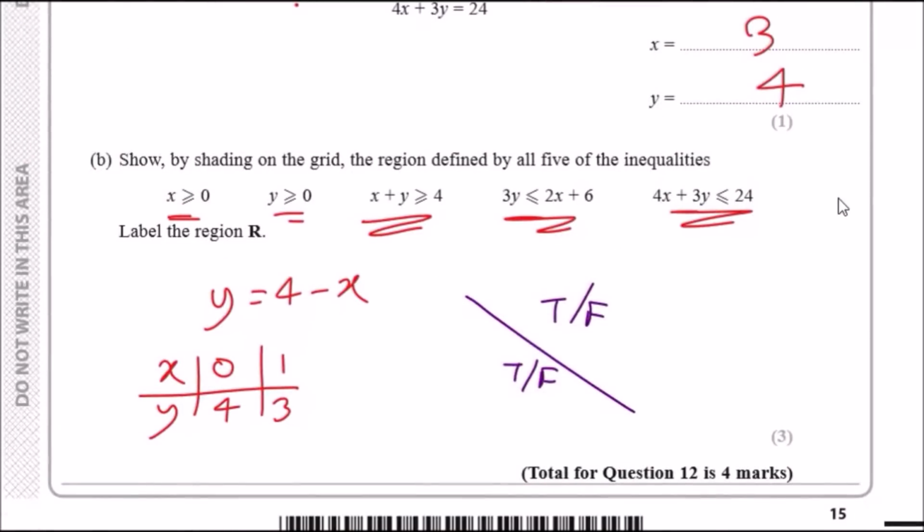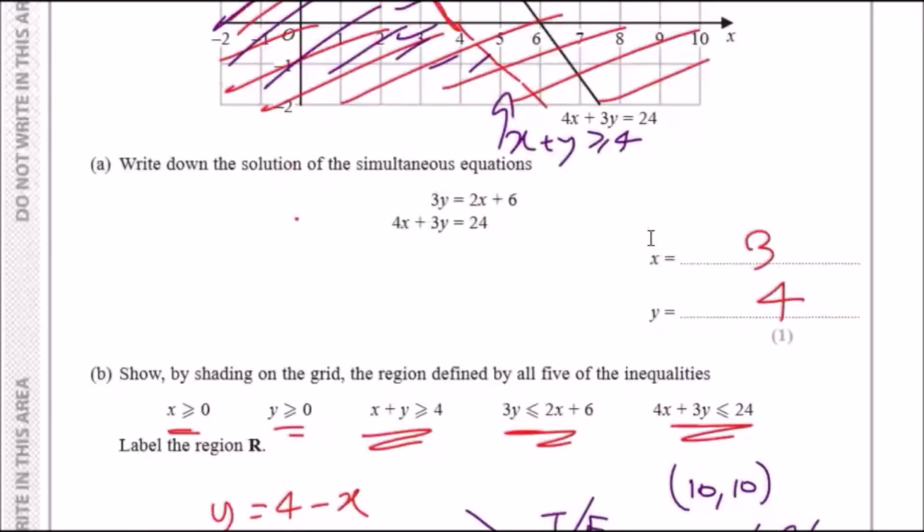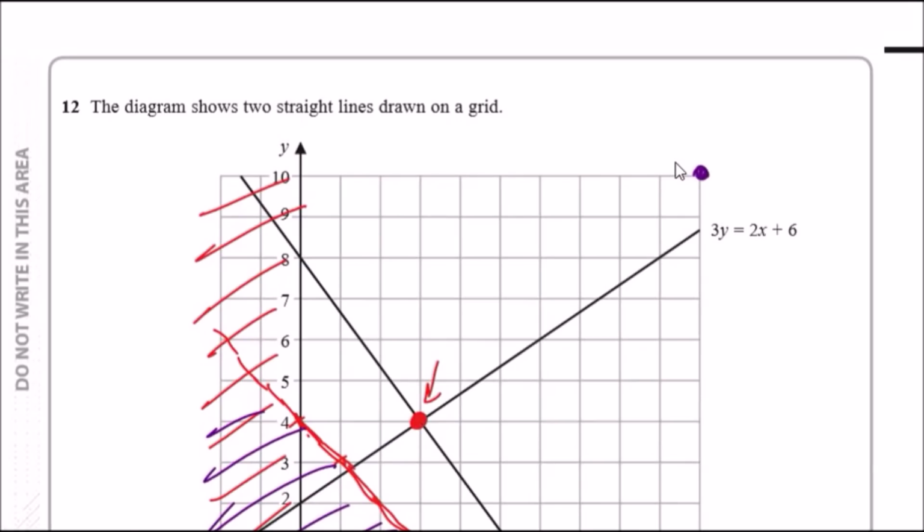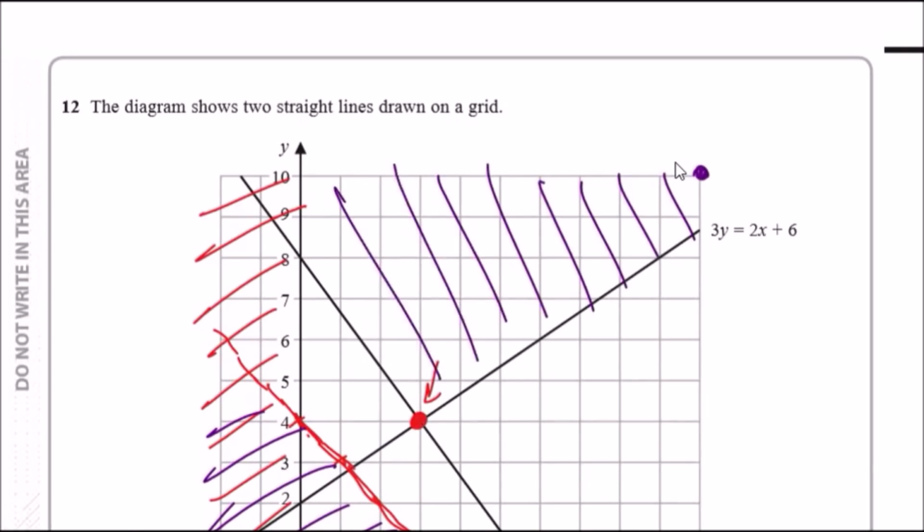So using this coordinate, plugging in 10, 10, we're going to see if 3y is less than or equal to 2x plus 6. So when you've got 10 for y, you're going to have 30. Is it less than or equal? 2 times 10, which is 20 plus 6, so it's 26. So this is clearly false. So this means that this side was false. So we cross out the side on the other side of the line.